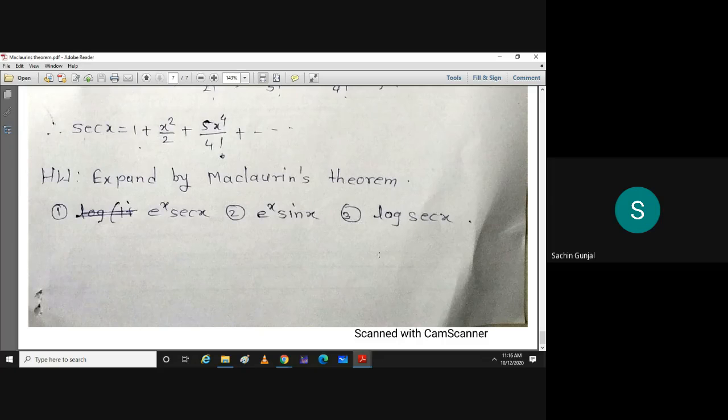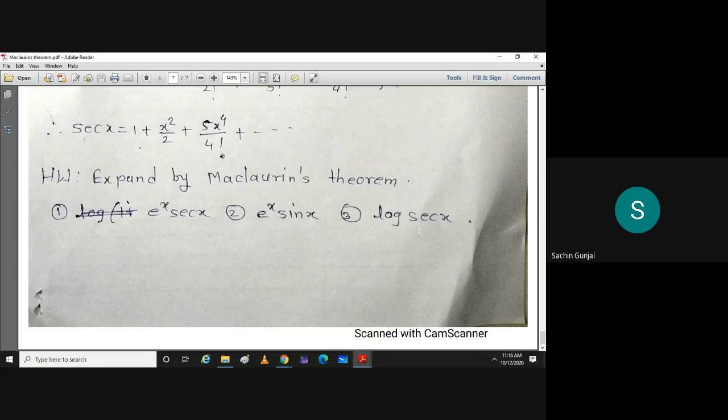Secondly, our third problem is the expansion of log of sec x. Any smart answer to this? If you want up to x raised to 4, what will you do?